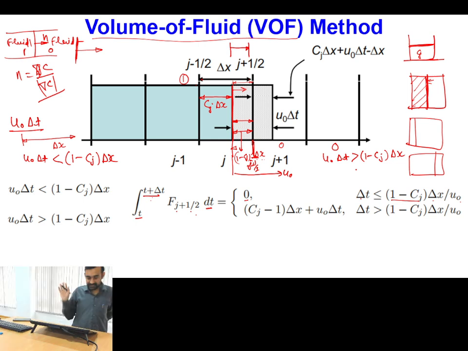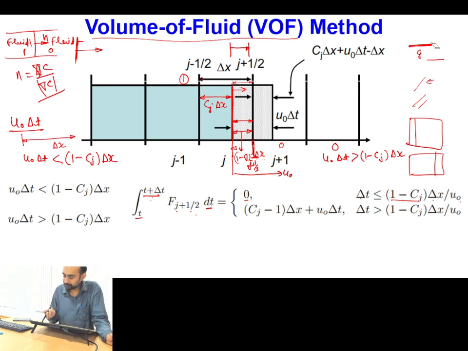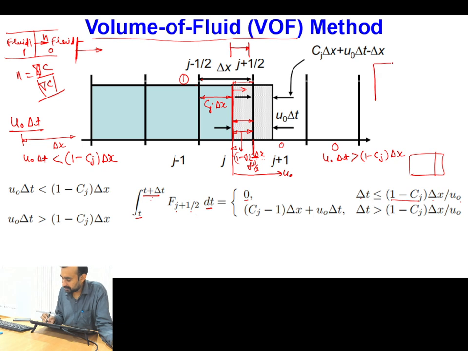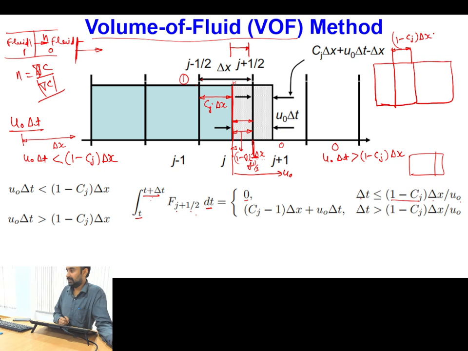So that is the reason you can see that this flux is okay. Geometrically, first you tell me what I am saying over here. Please try to understand this. It was here. This distance is how much? 1 minus cj into delta x.